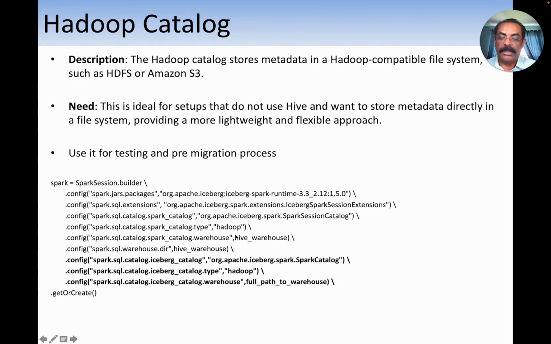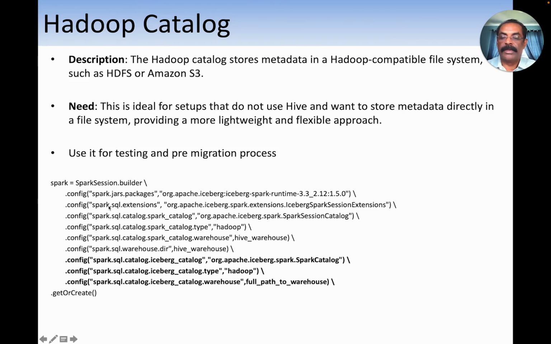Now look at this example, I have two catalogs, one for Hive and another for Iceberg. So in the same session, I have two catalogs, right? Because if I want to read Hive tables from Spark, then yes, I can use the same Spark.